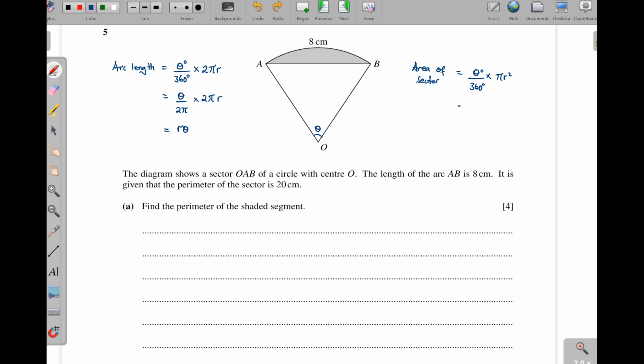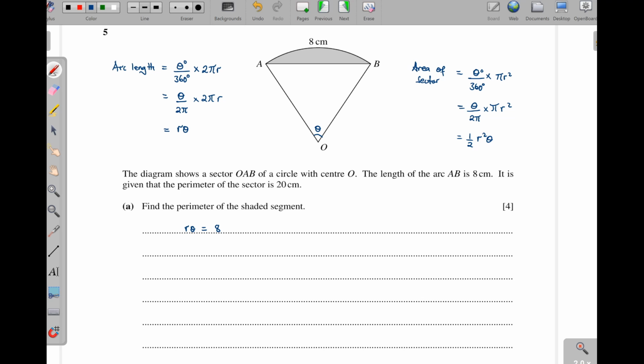So meaning, if theta is in radians and this 360 is also in radians, that is 2 pi, then times pi r squared. So pi can go, and then we remain with a half r squared theta. Okay, now arc length here, r theta, is going to be equal to this 8 centimeters. So we have that as equation 1.